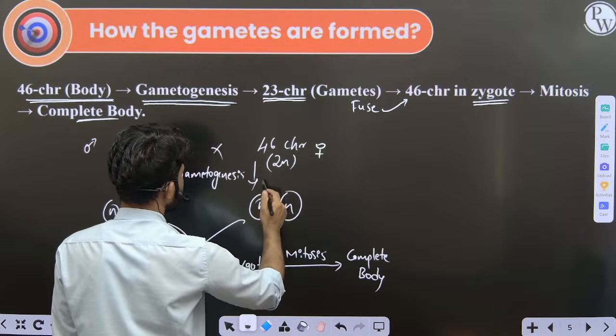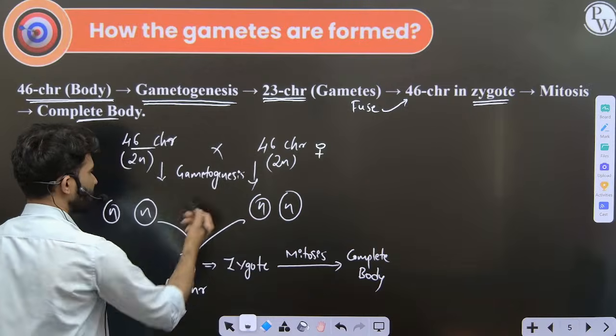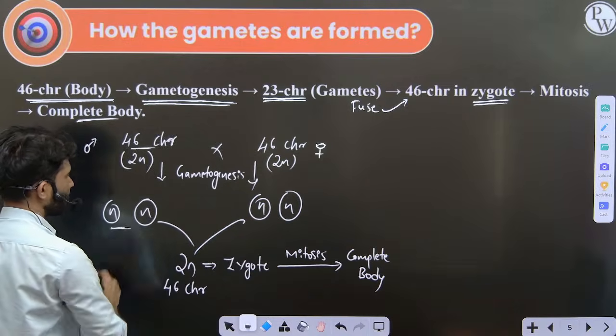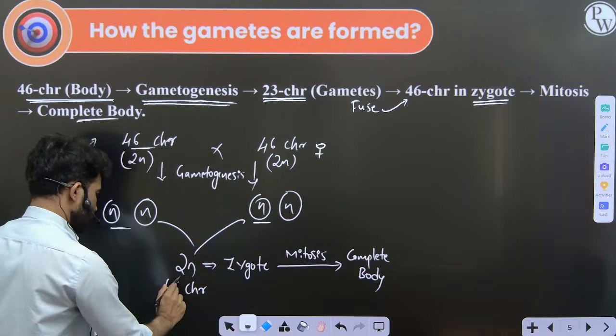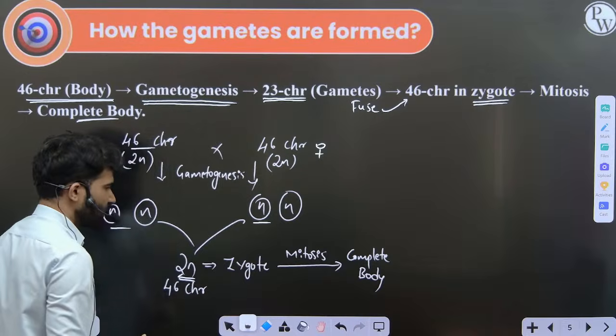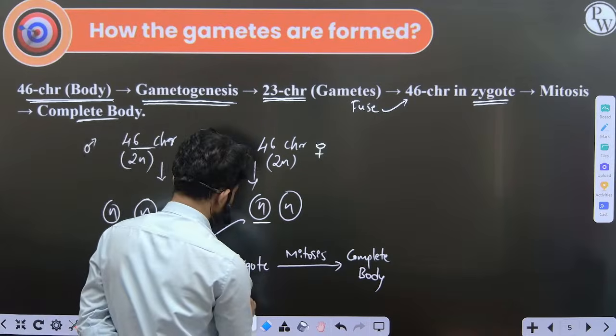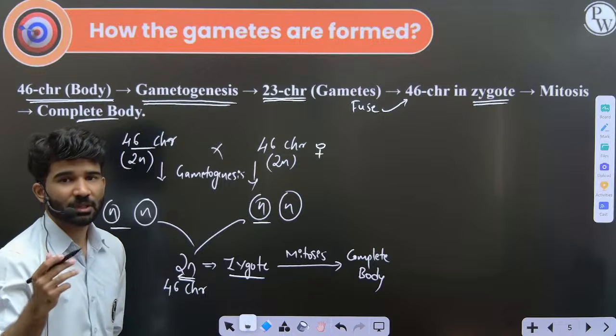Through gametogenesis sperms are formed. Then egg cells are formed. The two together, they will form what? A diploid zygote.